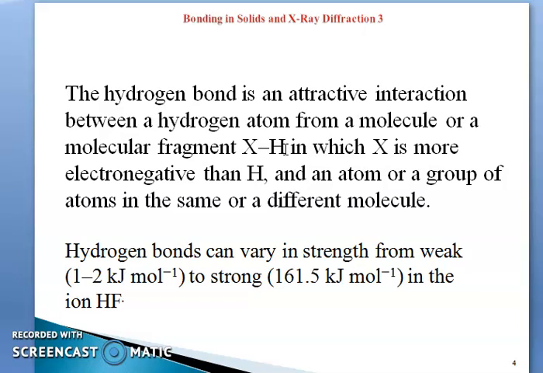Hydrogen bonds can vary in strength from weak, 1 to 2 kilojoule per mole, to strong, 161 kilojoule per mole in the ion HF.